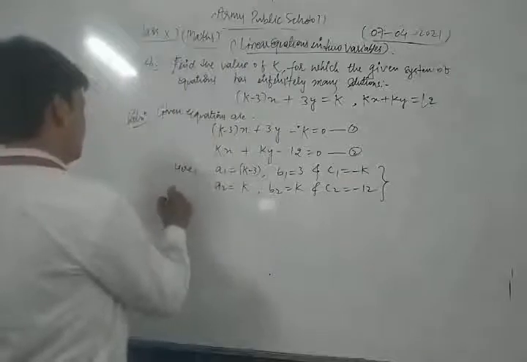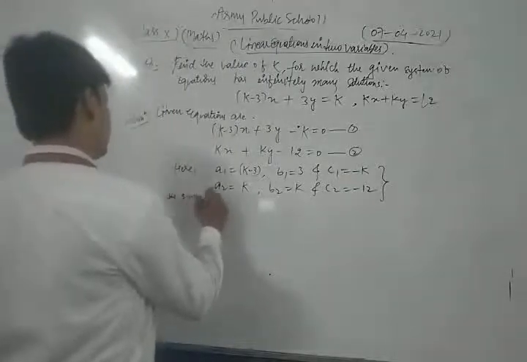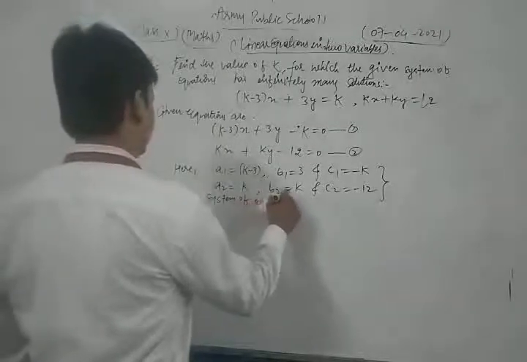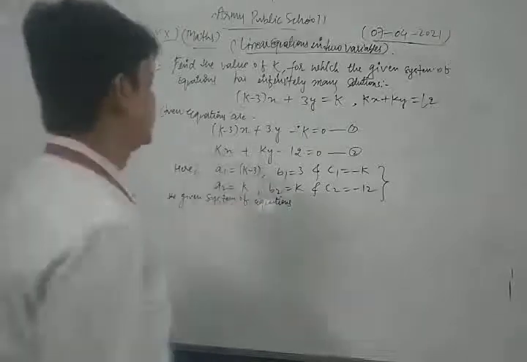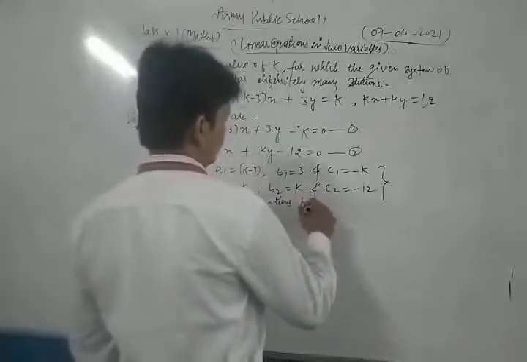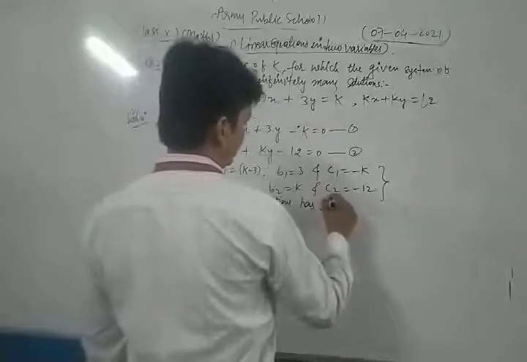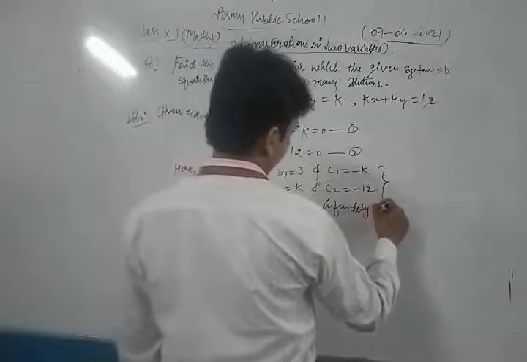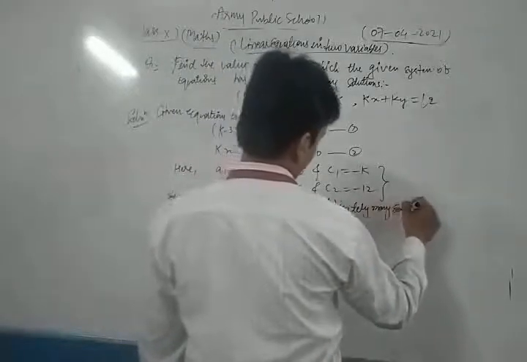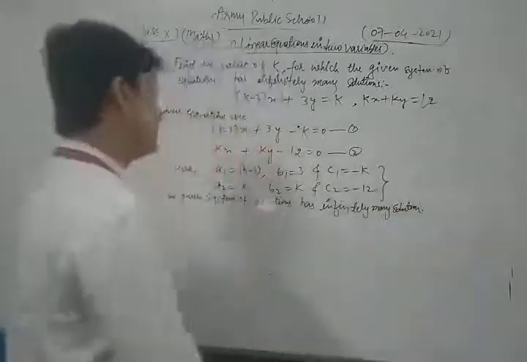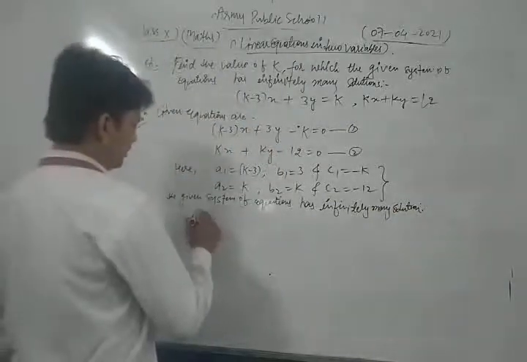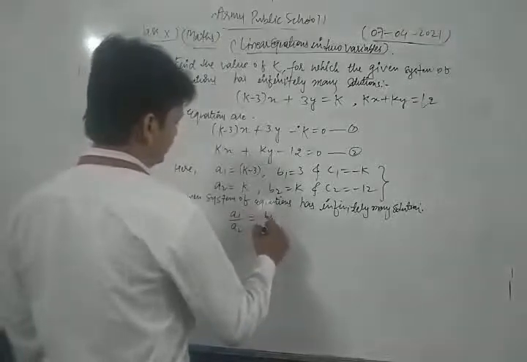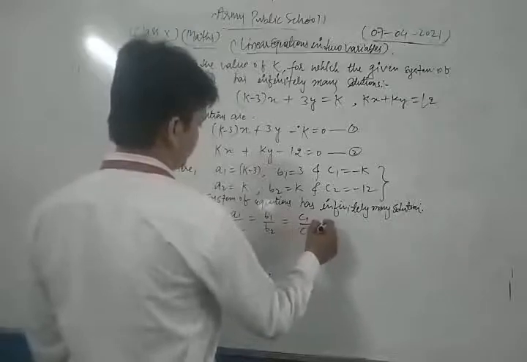Since the given system of equations has infinitely many solutions, that is a1 upon a2 is equal to b1 upon b2 is equal to c1 upon c2.